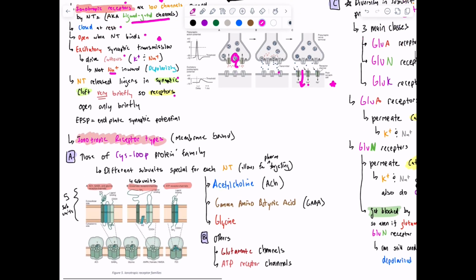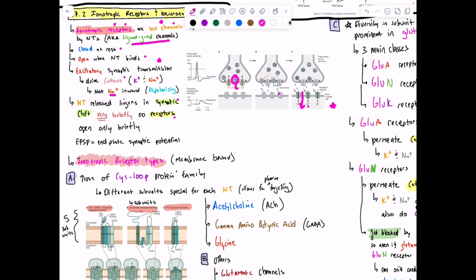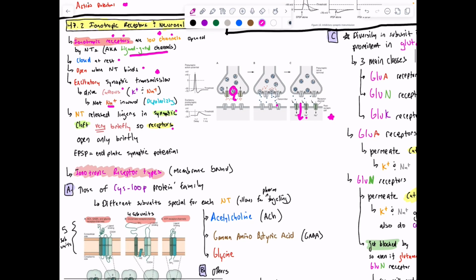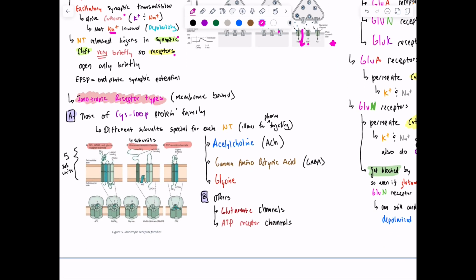All right, then you have the idea that these ionotropic receptors are ion channels, overall ligand-gated ion channels, but you actually have different families of them, and so basically, most of these are of the cys-loop protein family, which you can see here. But you have different subunits that make them specialized for each neurotransmitter.